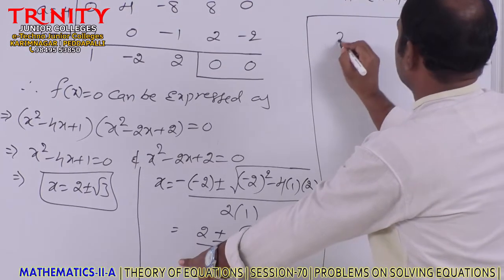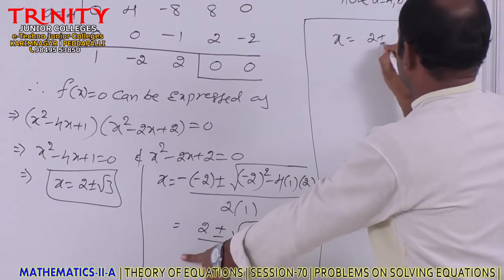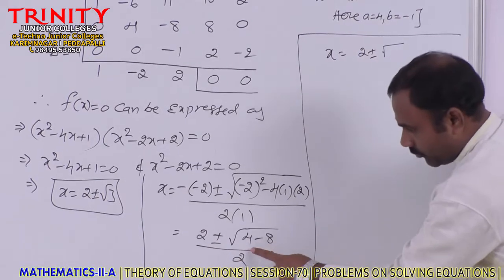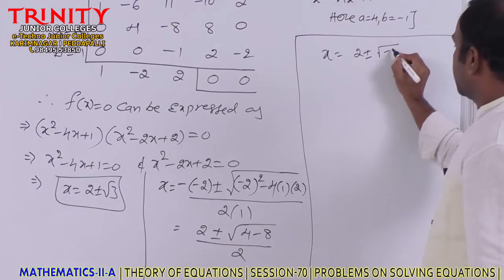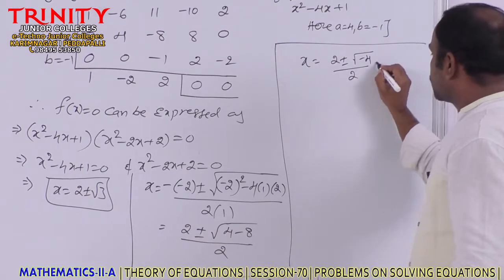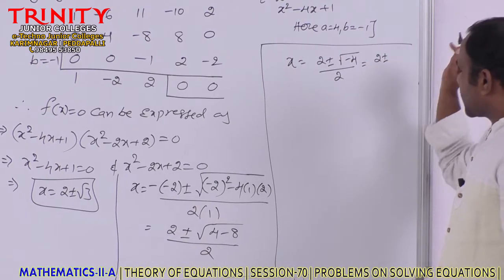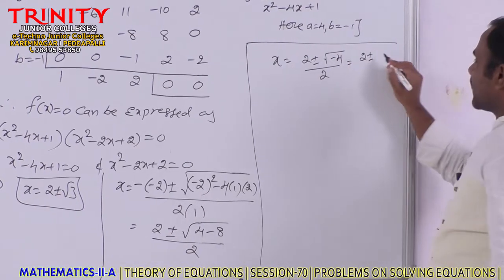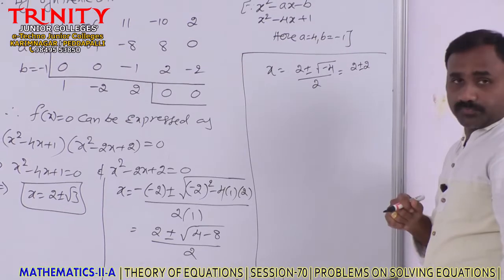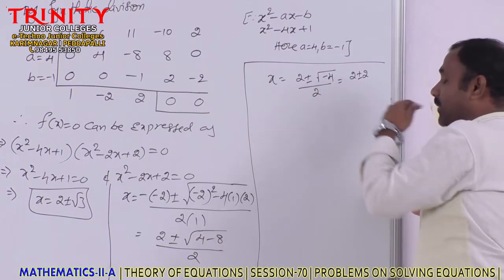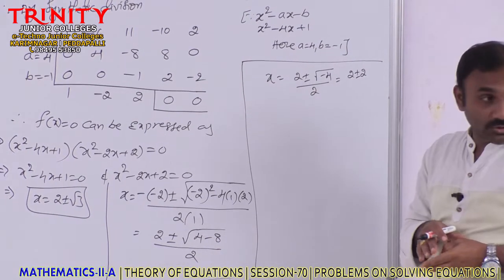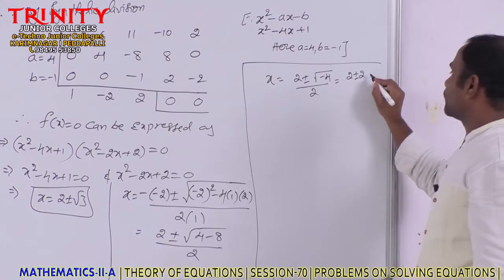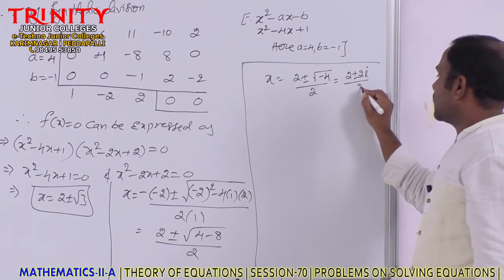Now x is equal to 2 plus or minus root 4 minus 8 divided by 2, that is root of minus 4 divided by 2. 2 plus or minus root 4 is nothing but 2, as we know. Okay, and root of a negative value, root of minus 1 is nothing but i, divided by 2.